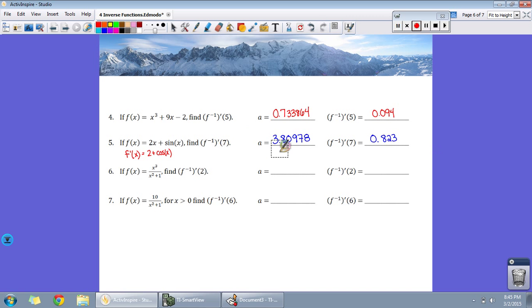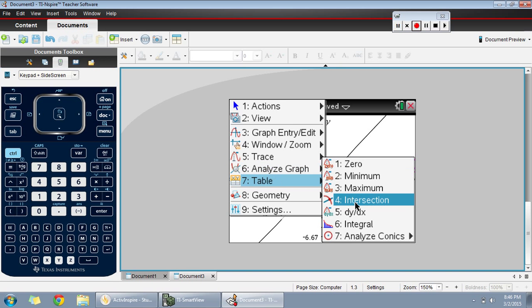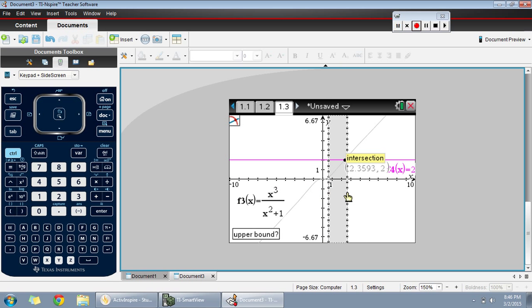On number 6, we want to graph this function and 2. Okay, here's the function, and then I'm going to graph my y value, and I want the intersection. Oh, froze a little bit. There we go.